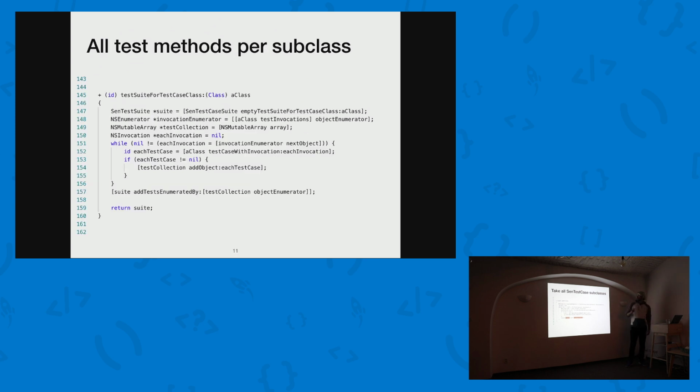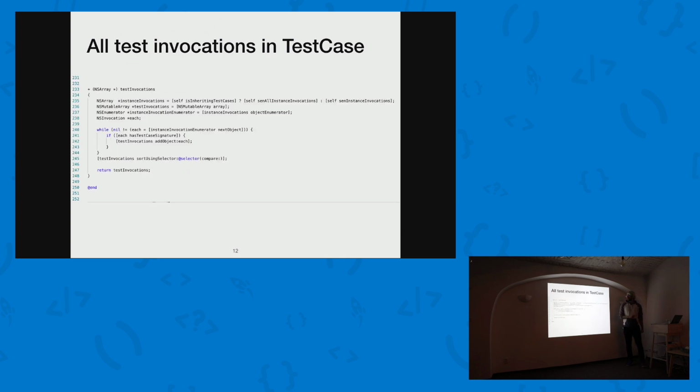For all test case classes, we take all test invocations, the magic word, remember it. And for each test invocation, we create a new test at runtime. What is a test invocation? Basically, the Objective-C runtime gets all methods. If a method has a test signature, which means it starts with test, returns void, and has no parameters. Easy peasy.